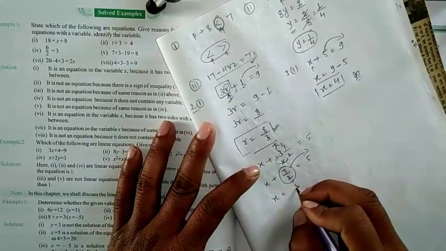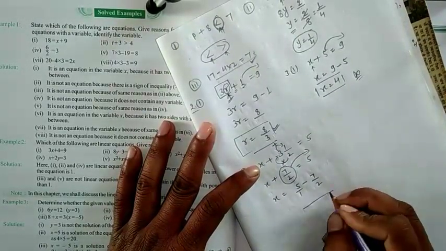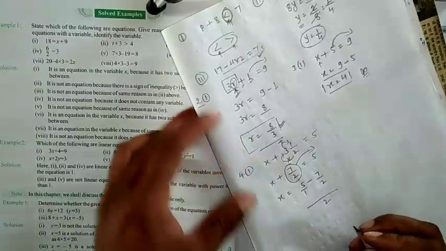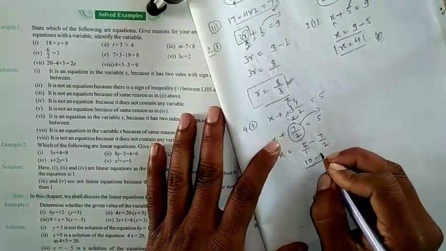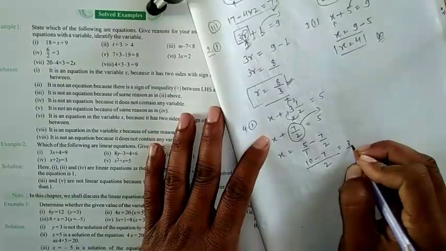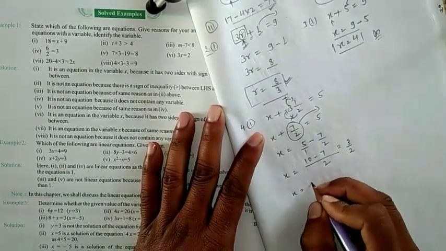So x equal to 5 minus 7/2, and then we will take LCM 2. So 1 2 is 2, and 5 2 is 10, minus 7 equal to 3/2. So x equal to 3/2.